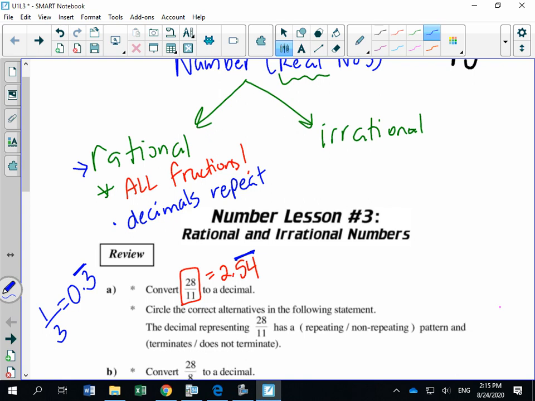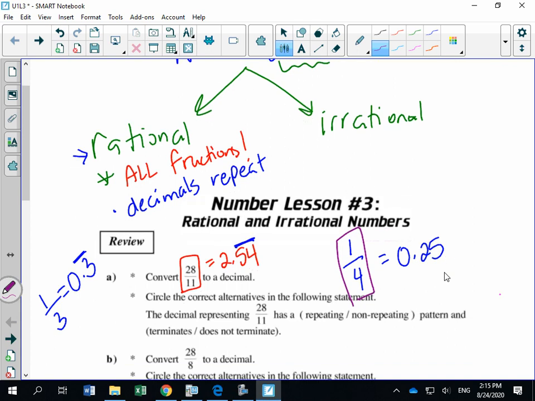Now, the other thing about rational numbers, write down 1 over 4. If you type that into your calculator, you're going to get 0.25. This is a fraction, so we know that it's rational, but what is special about the decimal is it's what's called terminating.